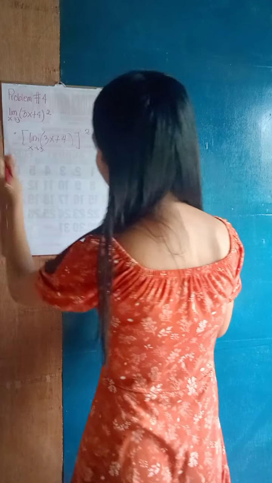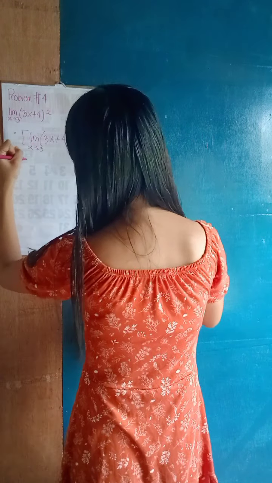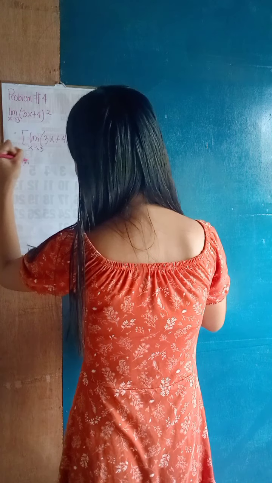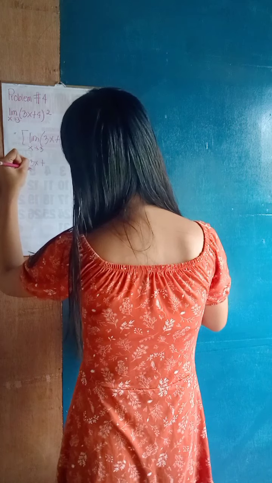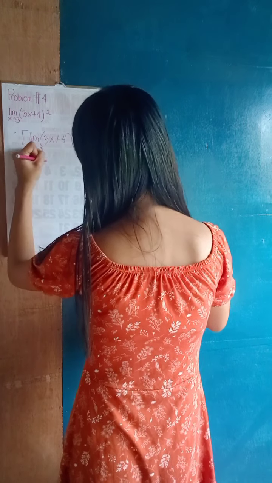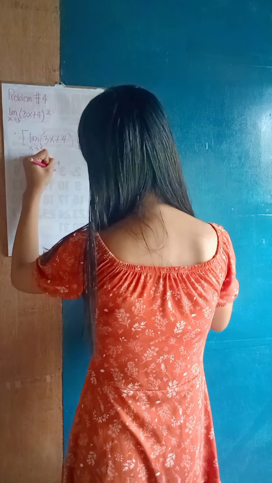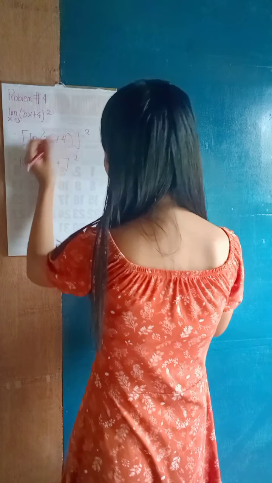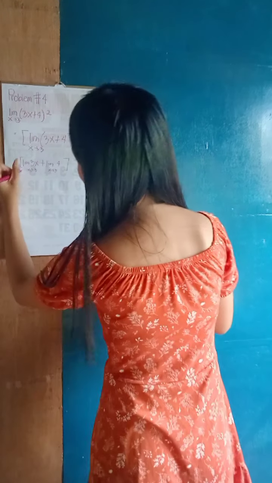Then, use limit number 4. So this will become limit 3x as x approaches 3 plus limit 4 as x approaches 3 to the power of 2.